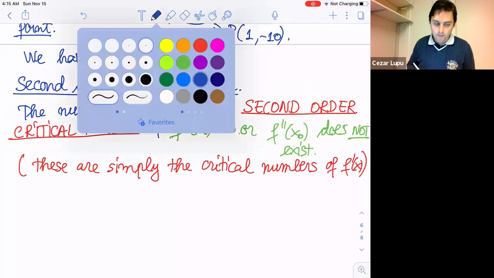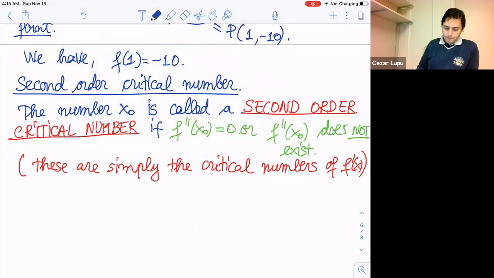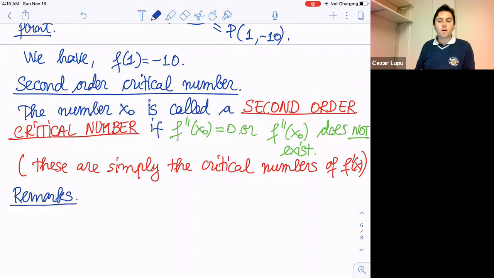Now let me point out some remarks here. The first remark I want to point out is the following.